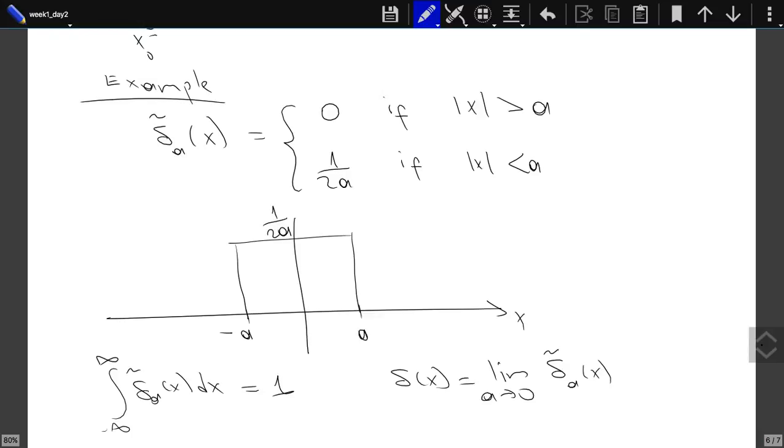If you have a function that has similar properties, 0 almost everywhere except on a single point, and the integral over a region that contains that point is, let's say, 5, then your function is not Dirac delta, but your function is 5 times Dirac delta.